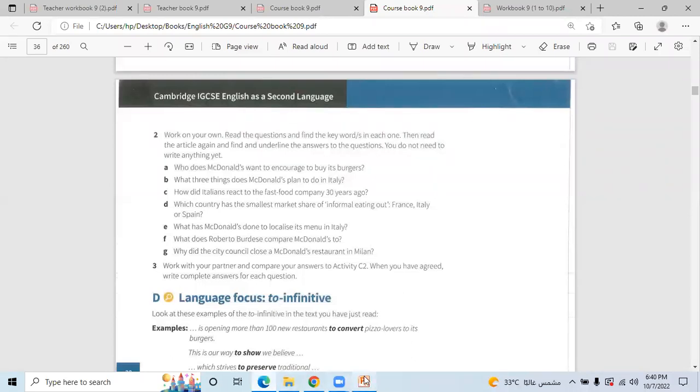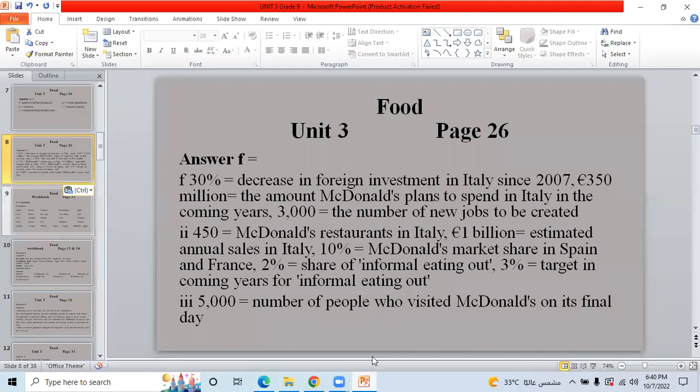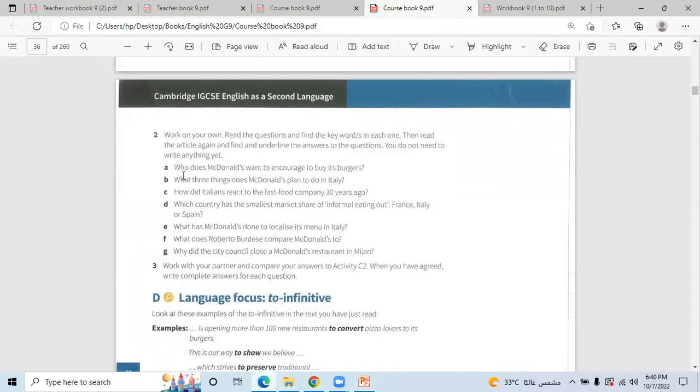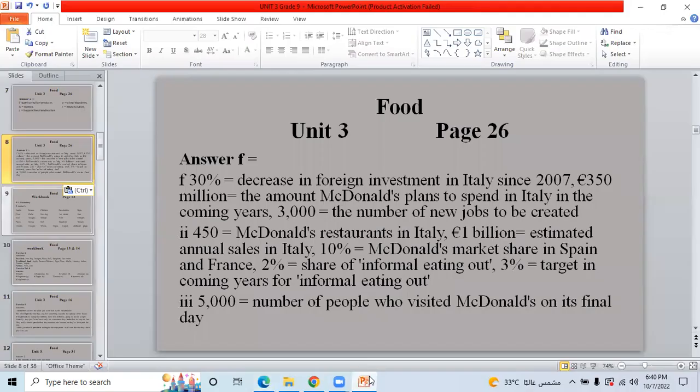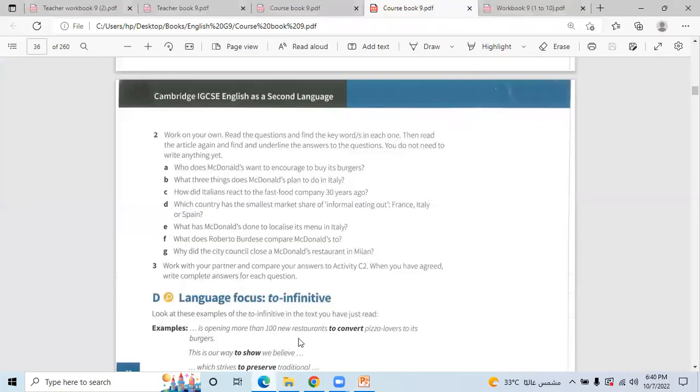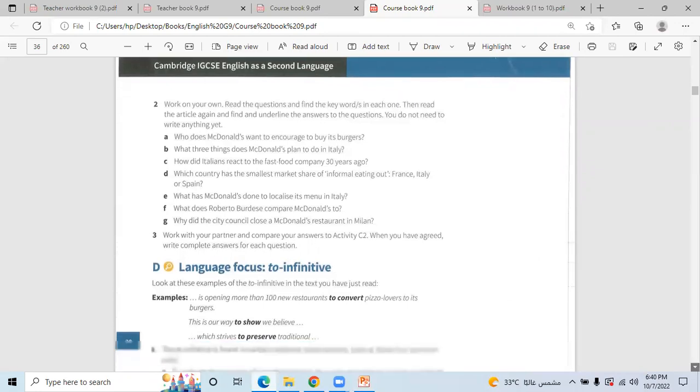If you just take a look at these questions, like who does McDonald's want to encourage to buy its burger? So after reading the article, we can easily write answers to all these questions. This is what we'll do during the class.